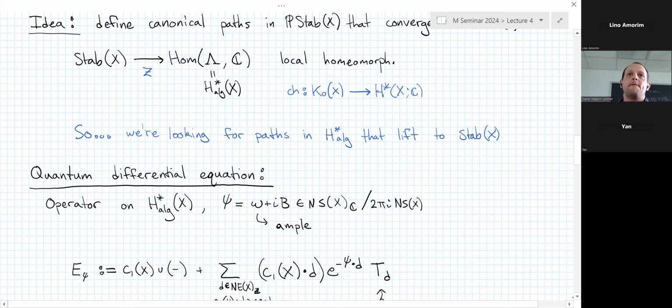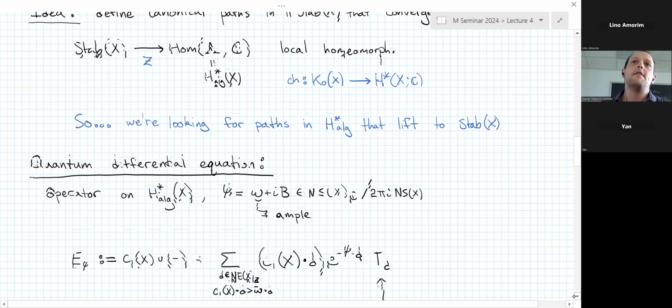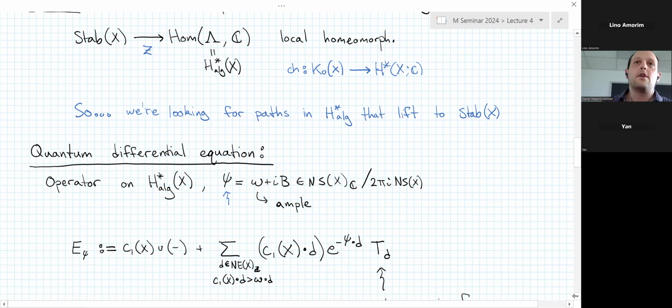I'm giving a somewhat high-level description here, but I just wanted to give you a sense. You have these operators on the algebraic cohomology, and they depend on a parameter that lives in a complexified Kähler class on X. There's omega, which I'm imagining as an ample class, and then you can also add some imaginary part, iB.